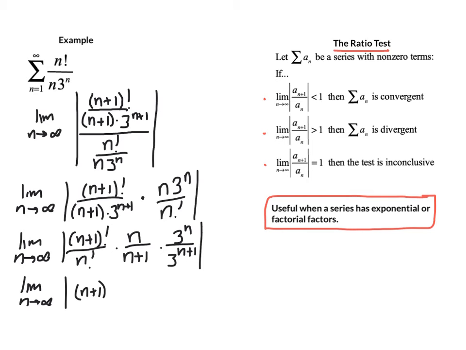If you have an algebraic factor, we're going to take that limit, like from the pre-calc version, as n goes to infinity. This factor would have a limit of 1 as it stands. And then in the exponential case, 3 to the n cancels and we're left with 1/3.